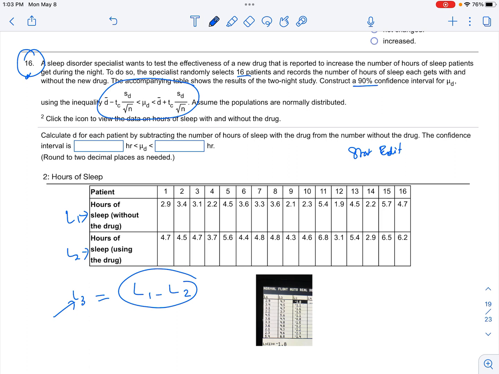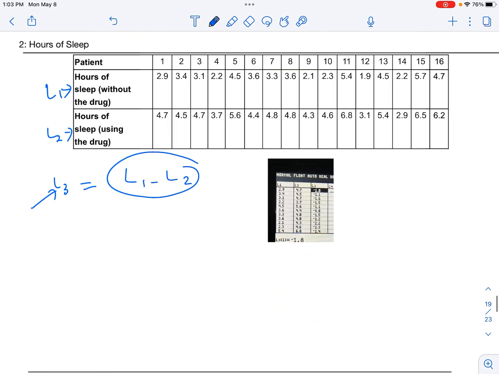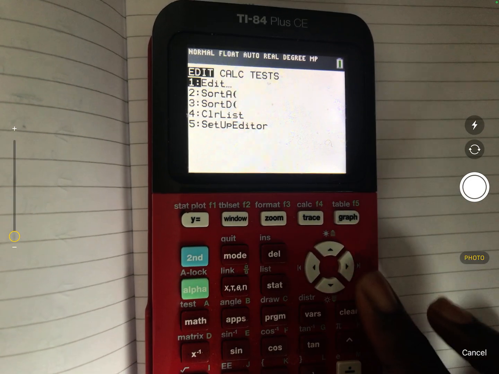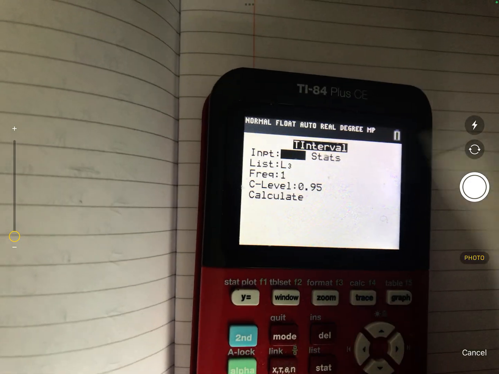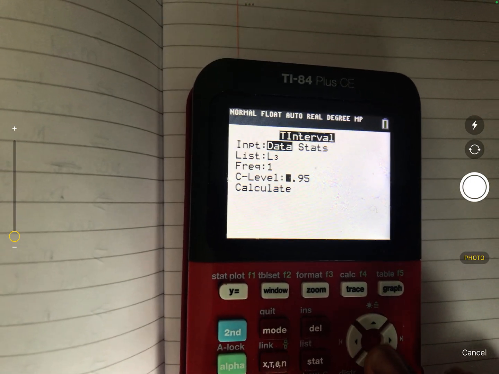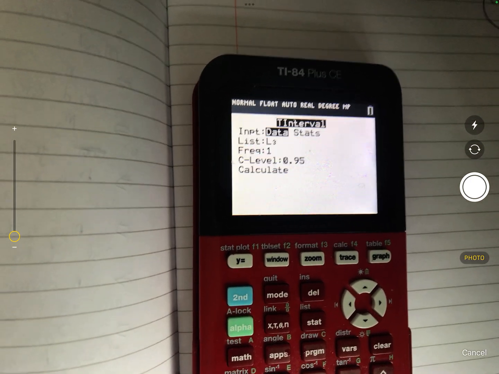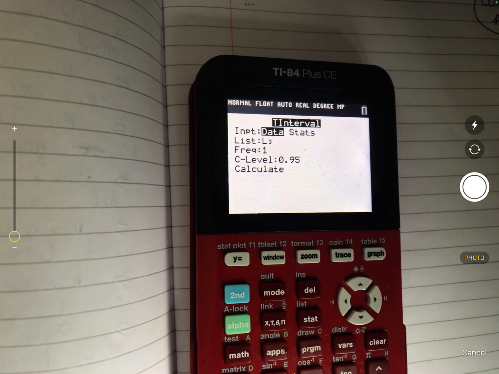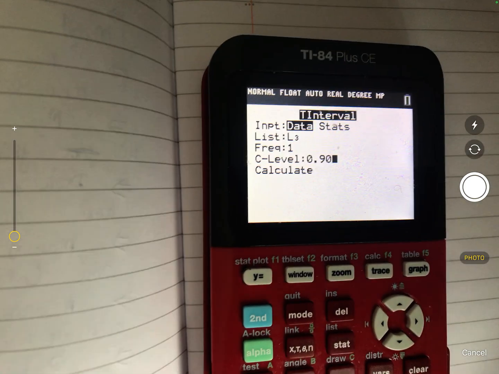Now that you have your data in, we go to stat, test. Let me show you my screen. You go to stat, test, you go to T interval. Now you have data, L1. Was it a 90% or was it a 95%? Can't remember. 90%, 0.90, so this should be it.